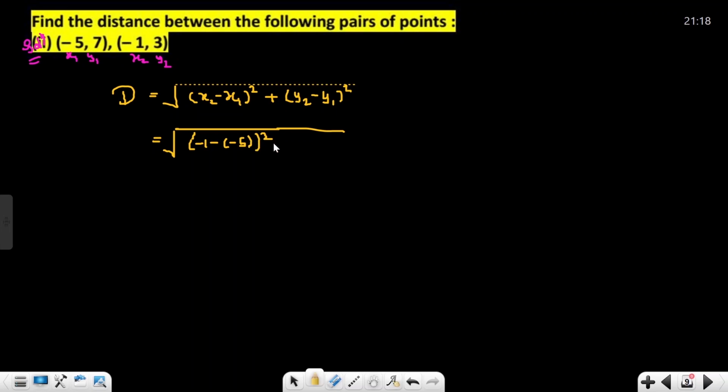Okay, I hope you understand. Plus, I just put the value. If we give here the formula sign minus, this minus is in the formula. Okay. Next, minus from the formula, and we put the value. Y2 value is 3 and y1 value is 7 square.